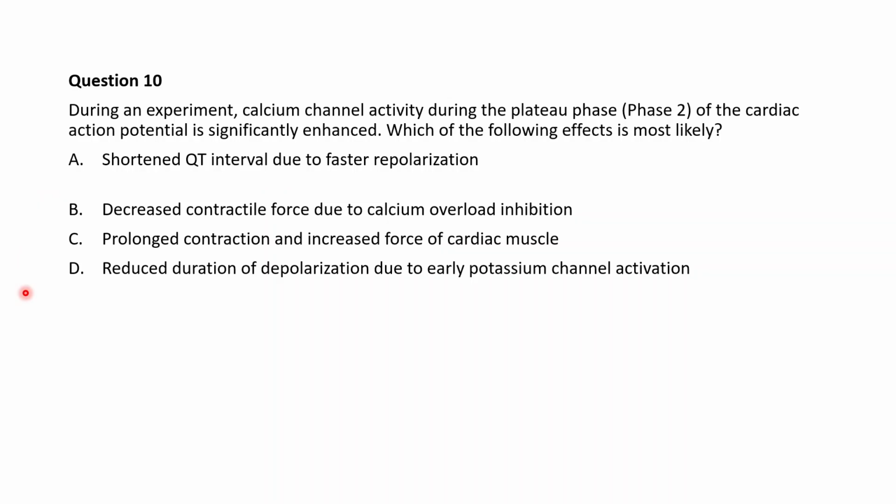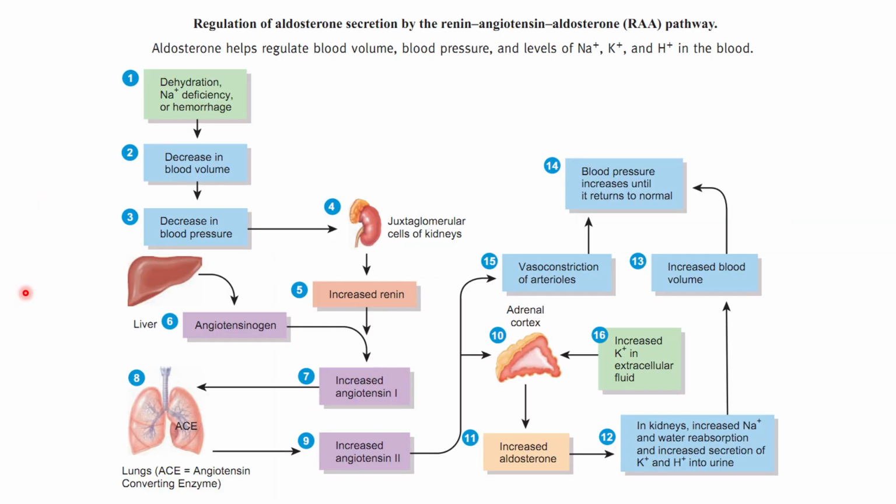All right, great. And this was an important pathway. I cannot cover everything that has been discussed in the course, but I thought this is a very important pathway with respect to regulation of blood pressure. We were talking about it earlier when we were talking about glucocorticoids. This is the renin angiotensin aldosterone pathway.